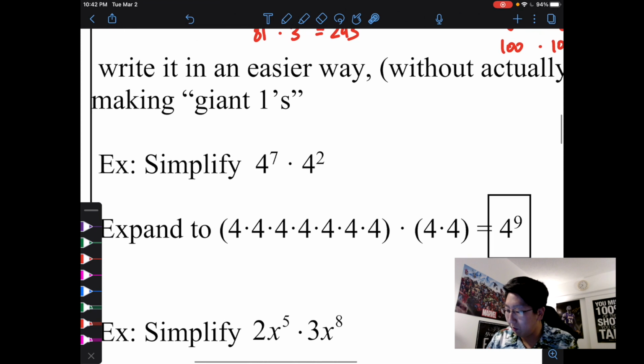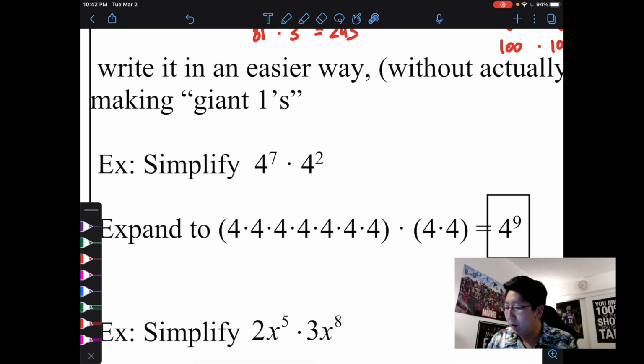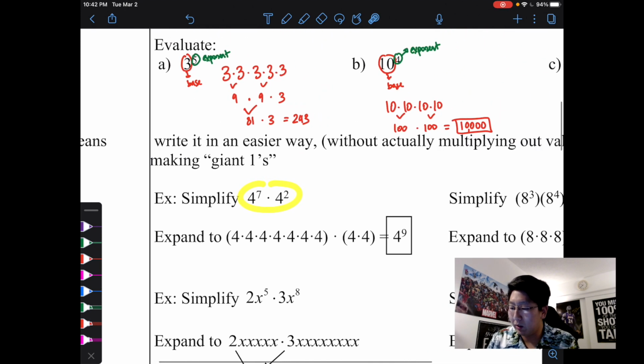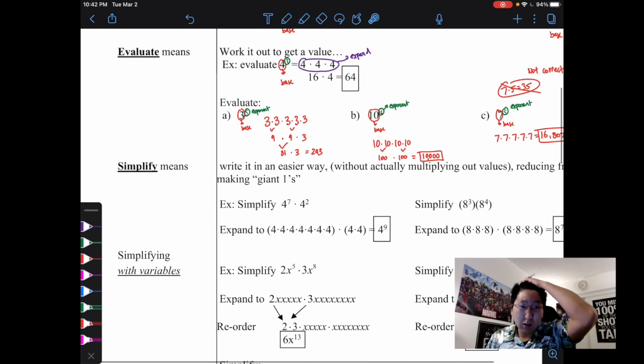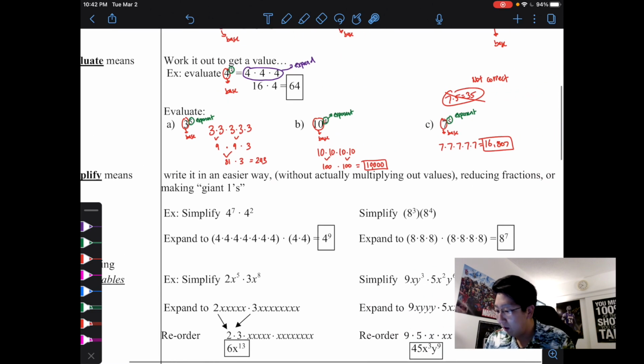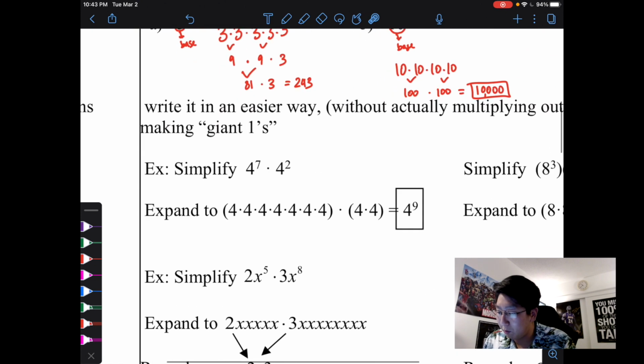But let's talk about simplifying. If you see something like this, we can simplify this. Simplify means to make it easier, like write it in a way where it's easier to read. That can include reducing fractions or making giant ones.